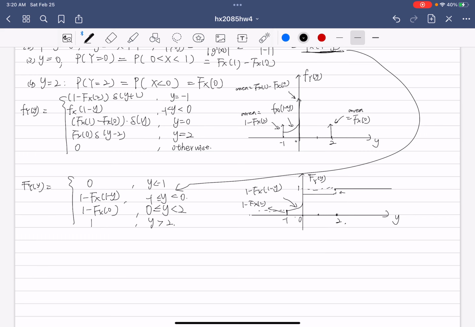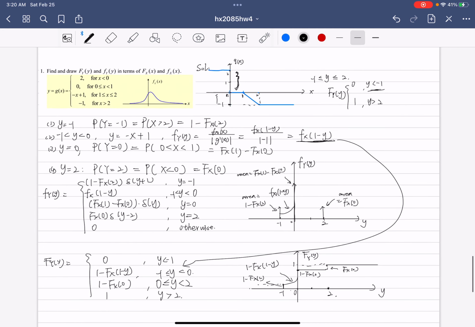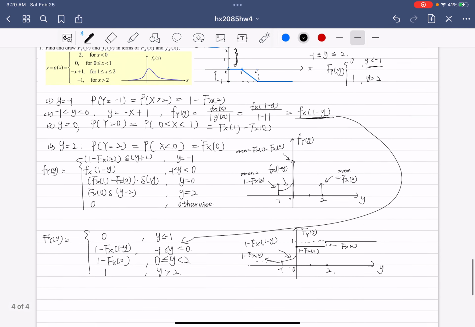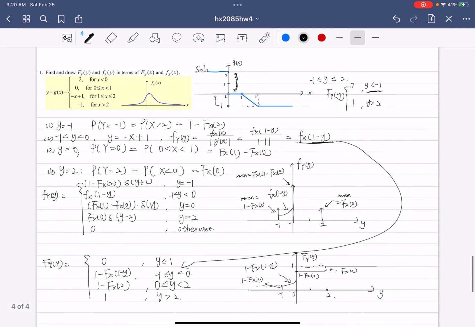So the height here is F_X(0), and here is 1 minus F_X(0). So that is the explanation for question 1.